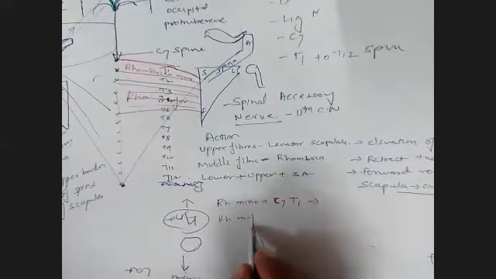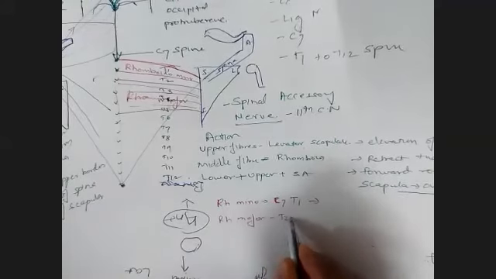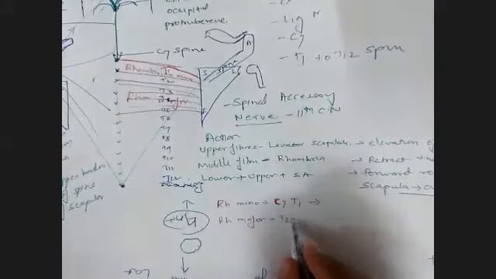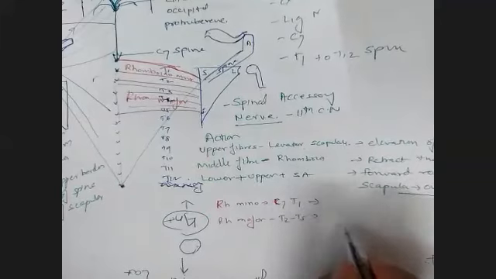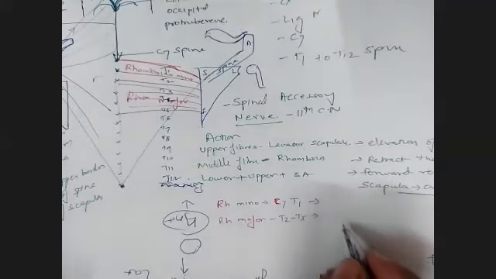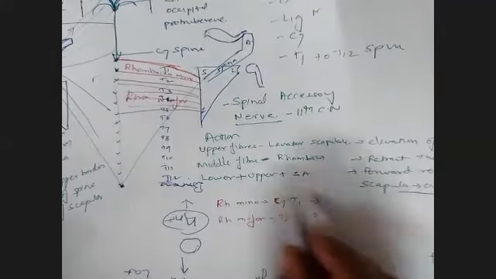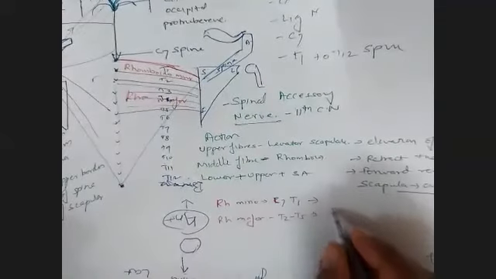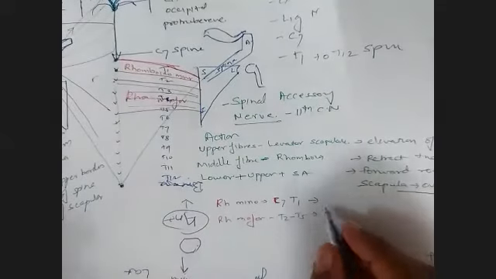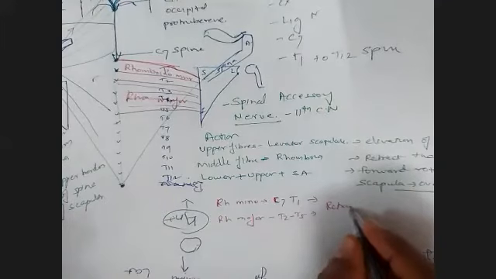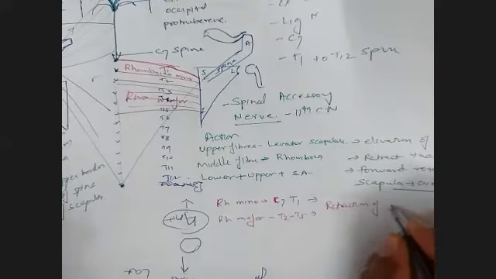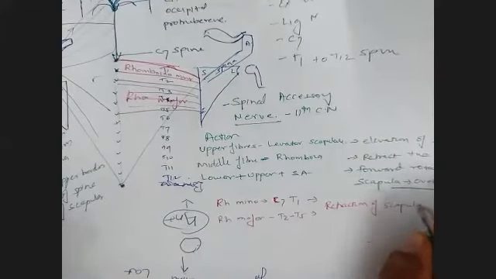Rhomboid major is spine T2 to spine T5, and they are attached again along the medial border of scapula. Their action is, along with the middle fibers of trapezius, they cause retraction of scapula.